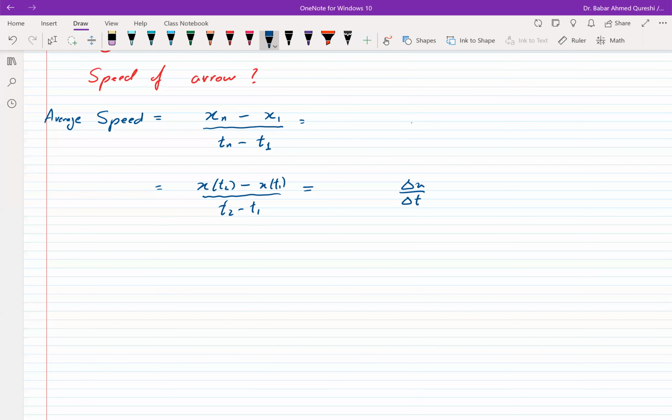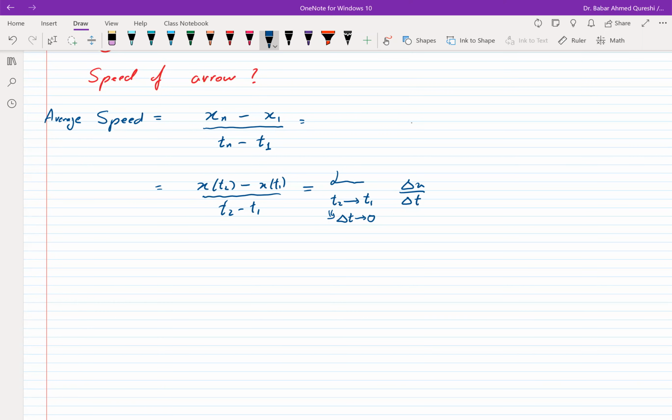So you say that compute this when t2 is very close to t1, and this is the symbol I use. t2 is almost approaching t1, which would be the same as when the difference between these two nearby points will be going to 0, will be very, very small.